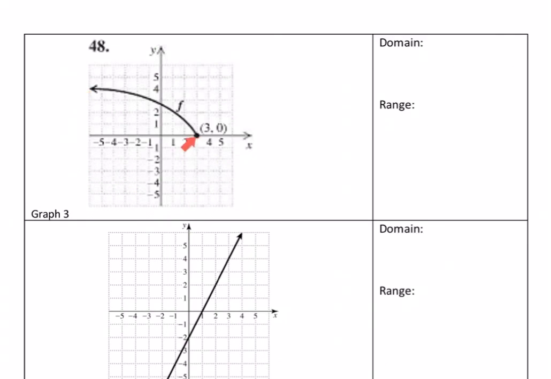It is 3. So if we wrote out our domain, we get x is less than or equal to 3. This is my set notation. If I do my interval notation, this is negative infinity, comma 3, with a bracket.